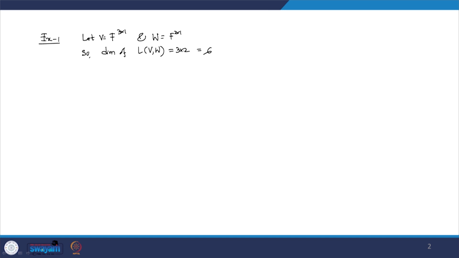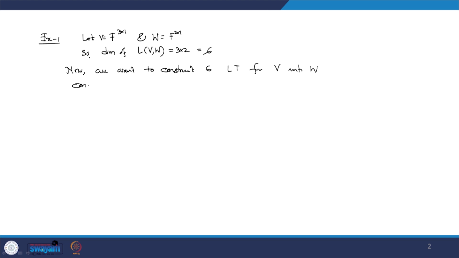Let me construct the corresponding linear transformations from V to W. So, now we want to construct 6 linear transformations from V into W, which will span the space L(V, W).